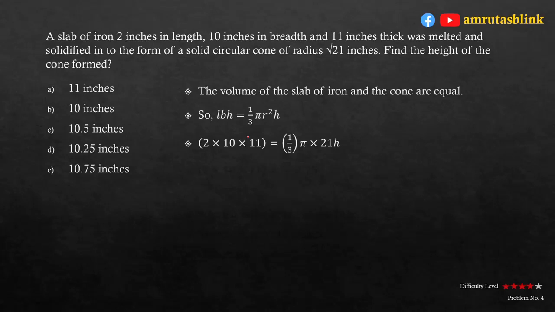Now length is 2 inches, breadth is 10 inches, height is 11 inches is equal to 1 by 3 pi r square. Radius is given as under root of 21. So r square is square of under root of 21, that is 21 into h, and we need to find out this h.